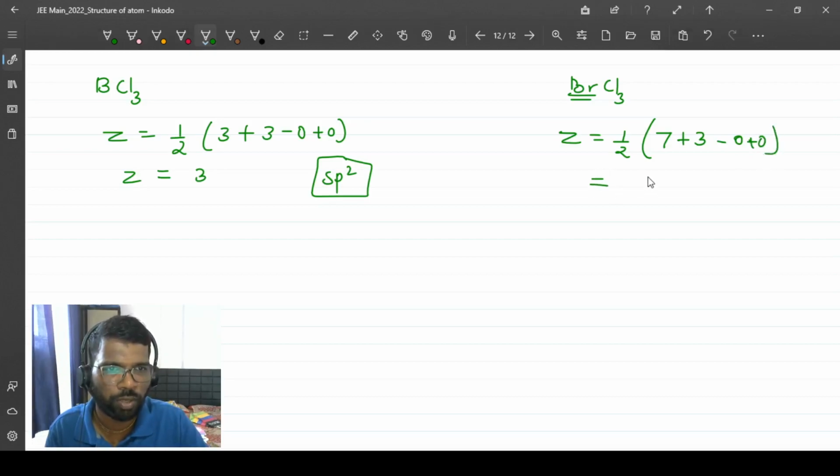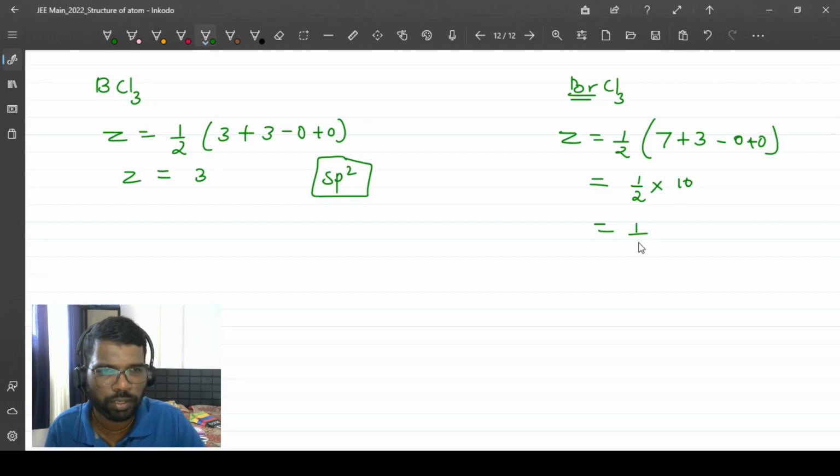So this will be half times 10, and Z will be equal to 5.